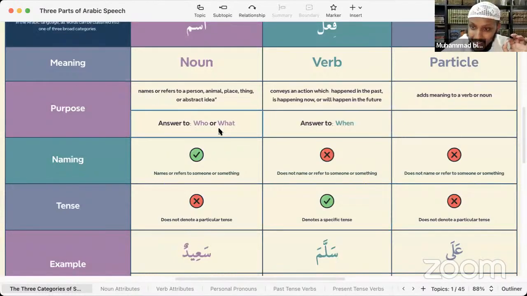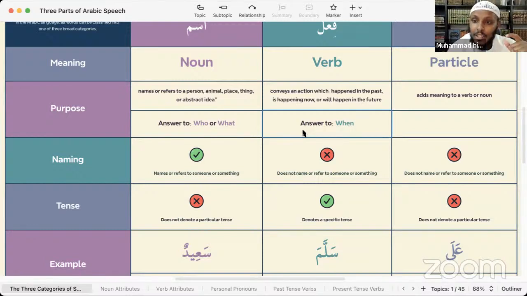واضح? So if you hear the word مثلا أكل محمد تفاحة. أكل محمد تفاحة. أكل, that word. When it comes to the word أكل, can it answer the word متى? When?